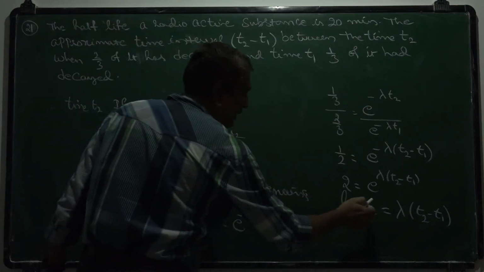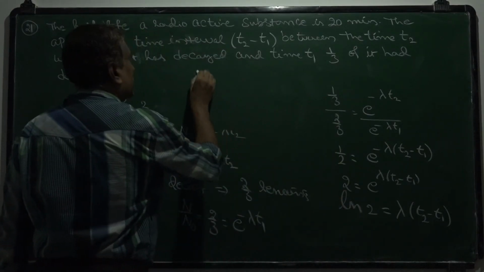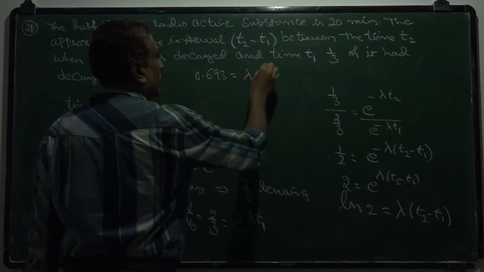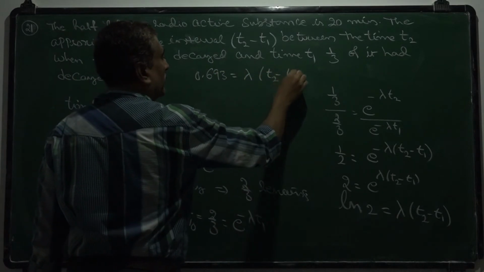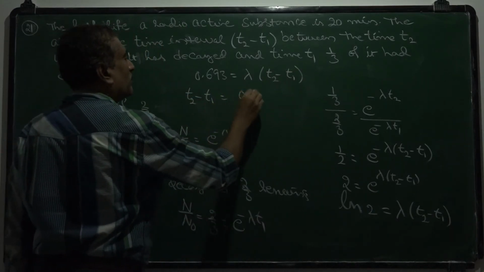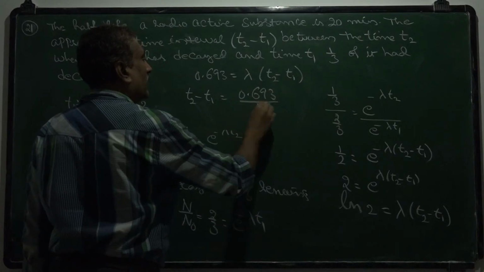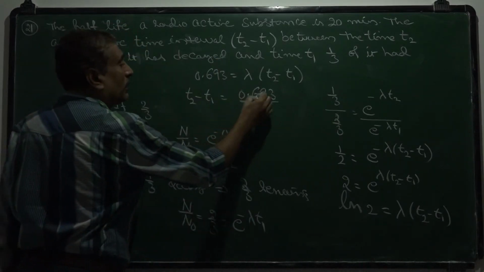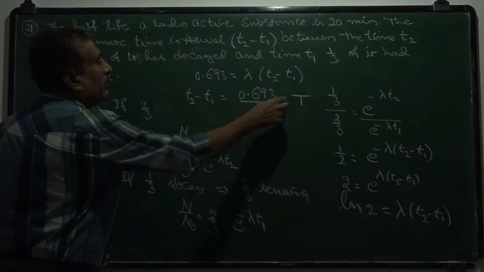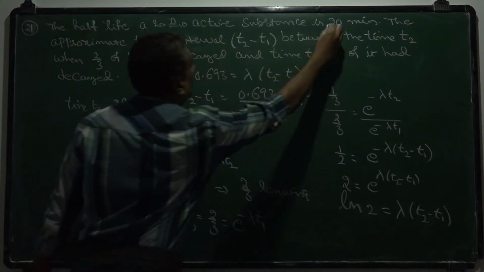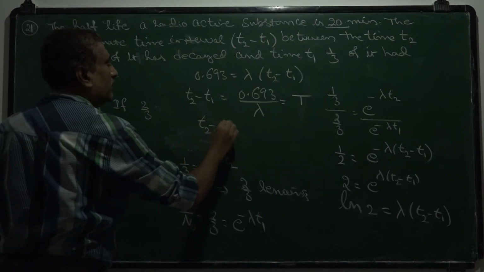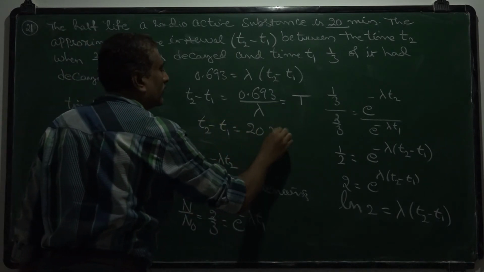So natural logarithm of 2 is 0.693, equal to lambda into T2 minus T1. So T2 minus T1 is equal to 0.693 by lambda, but 0.693 by decay constant is the half-life period T. Given the half-life period T is 20 minutes, so T2 minus T1 is equal to 20 minutes.